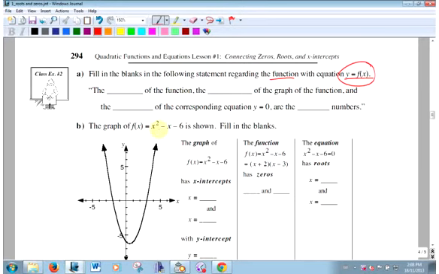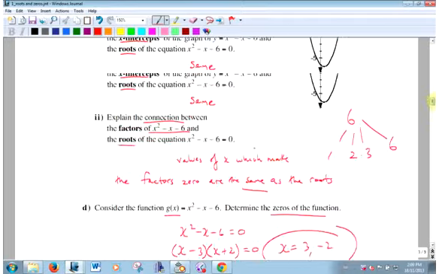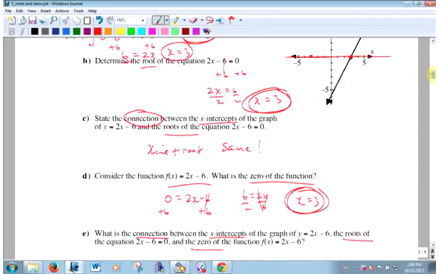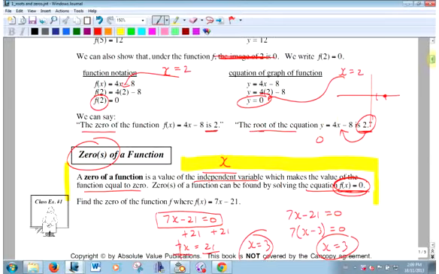He's got a really good memory. It's the zeros, a function has zeros. It's back up here, right? An equation has a root. A function has a zero. Okay?